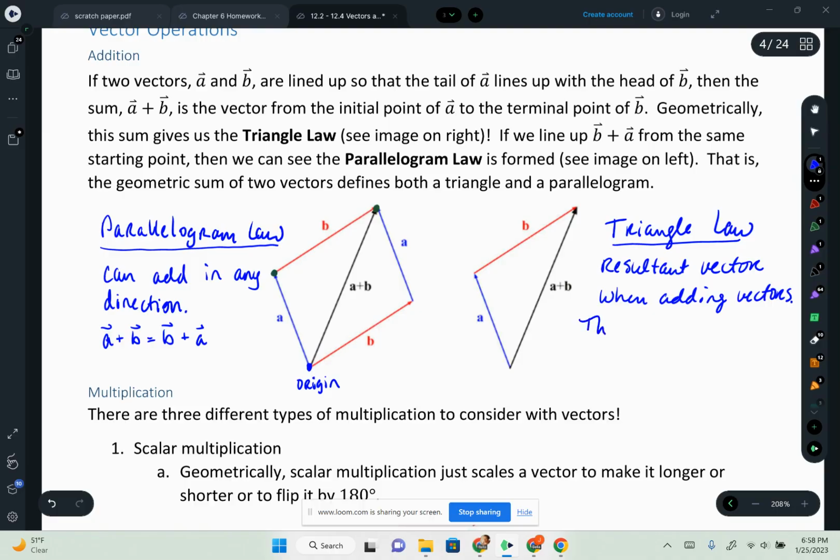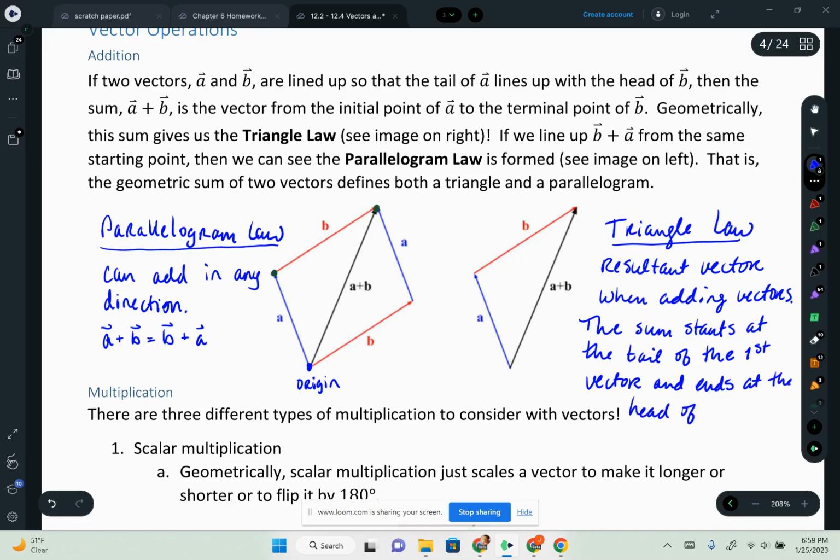Okay, the sum starts at the tail of the first vector and ends at the head of the last vector. And I'm not saying the second vector because you could add more than two vectors together.